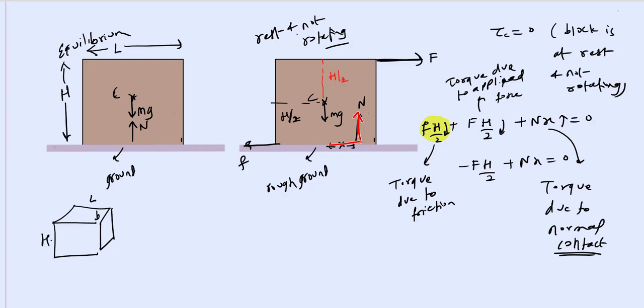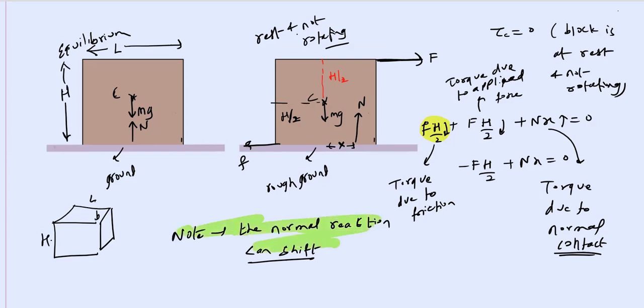Now we have to discuss for what maximum value of F the block will topple, all this basic condition. So there is a very important point we are going to conclude: note the normal reaction can shift. This is something we'll be using in all our discussion.